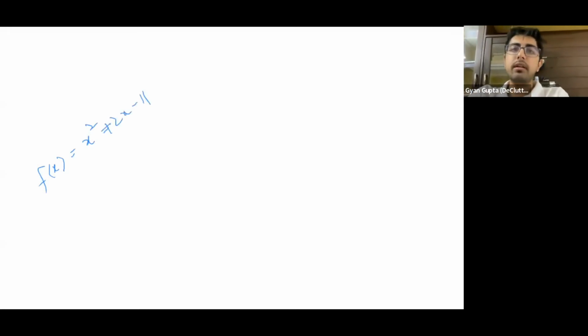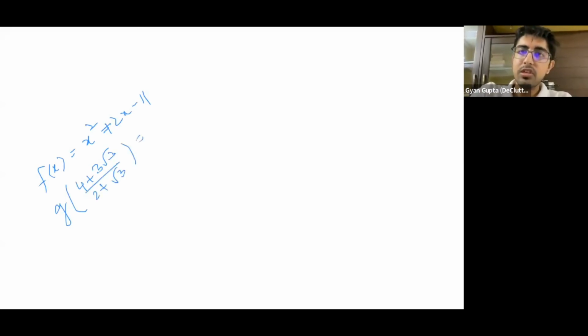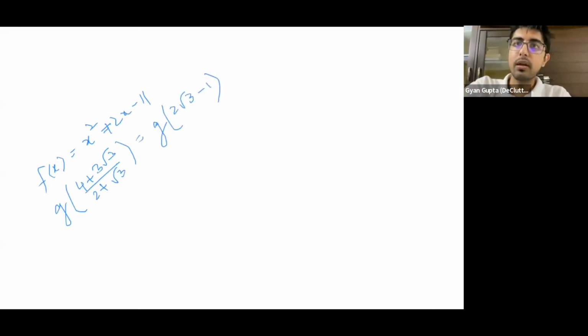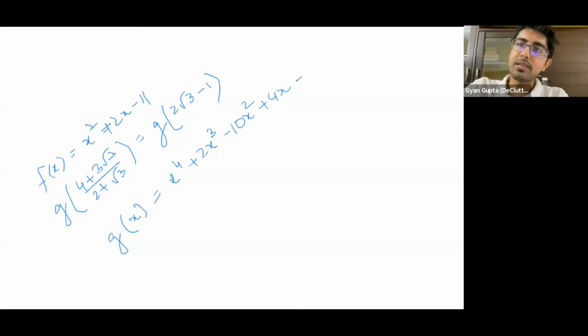We need to find the value of g of 4 plus 3 root 3 by 2 plus root 3, which is g of 2 root 3 minus 1, where g of x is x power 4 plus 2x cube minus 10x square plus 4x minus 10.